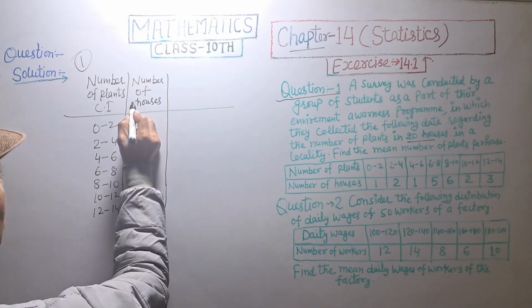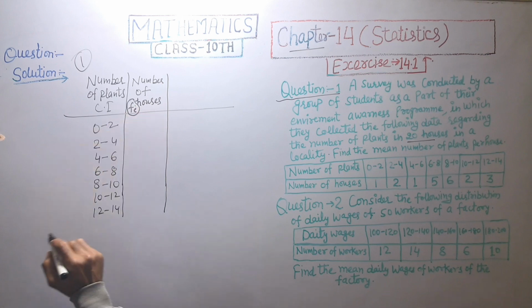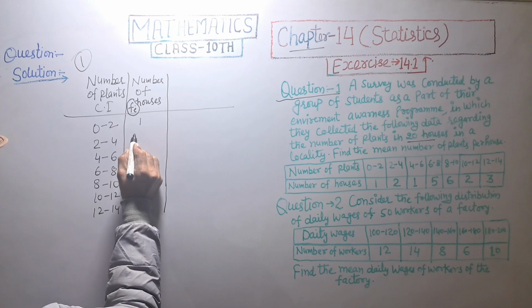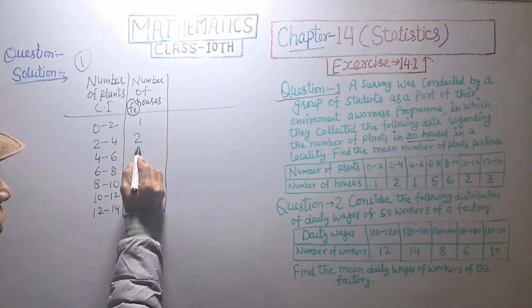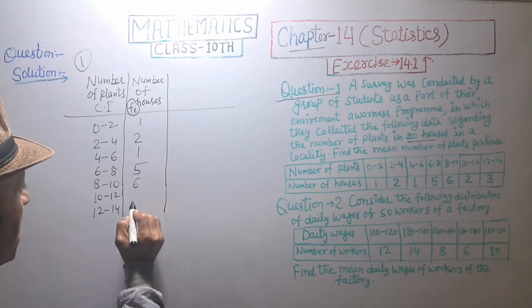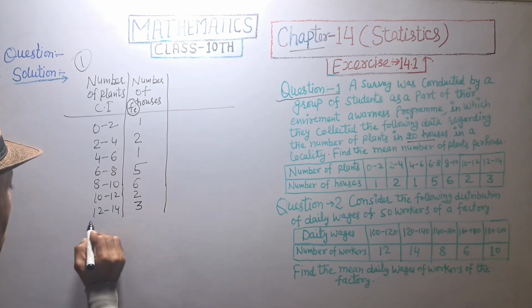Frequency is denoted by Fi: 1, 2, 1, 5, 6, 2, 3.